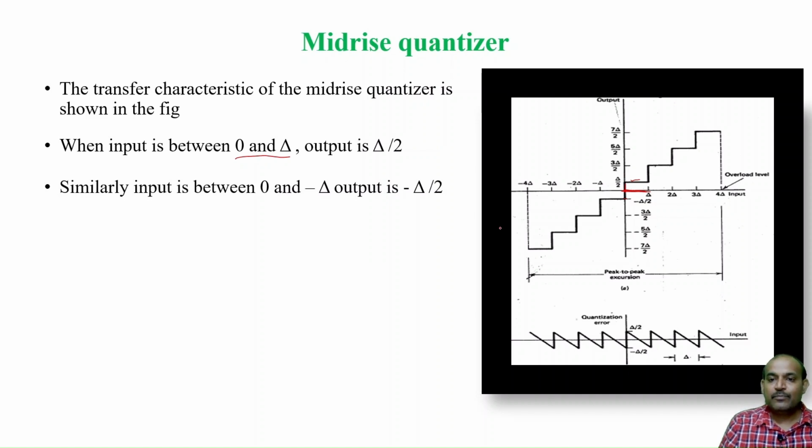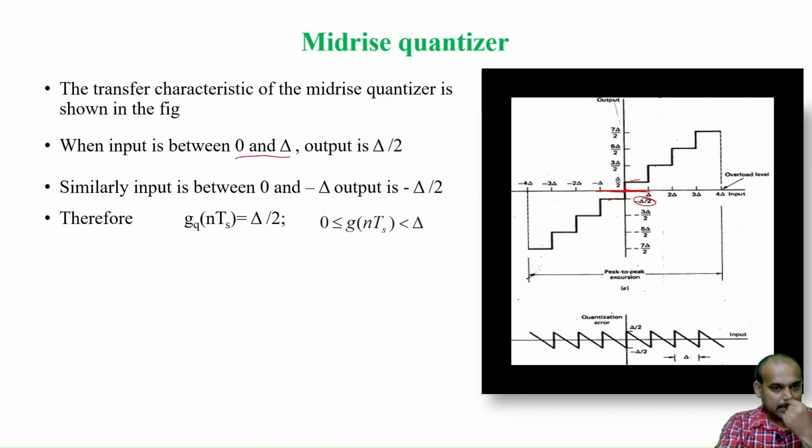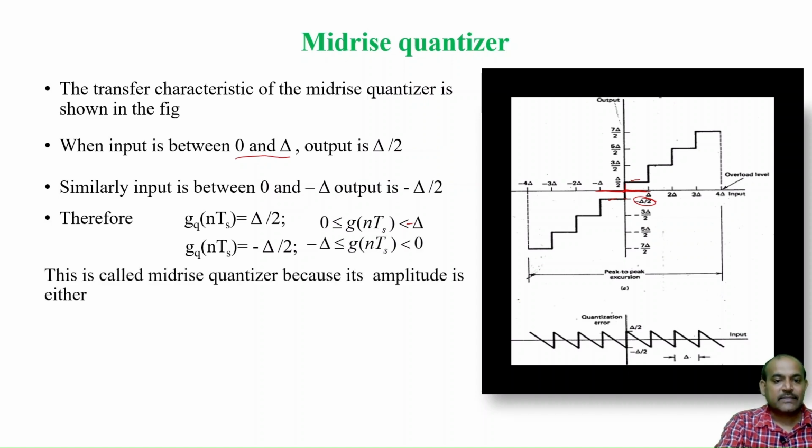Similarly, when the input is between 0 and minus delta, the output is minus delta by 2, that is what I am coding. So the output is delta by 2 when your input is 0 to delta, and minus delta by 2 when it is 0 to minus delta.